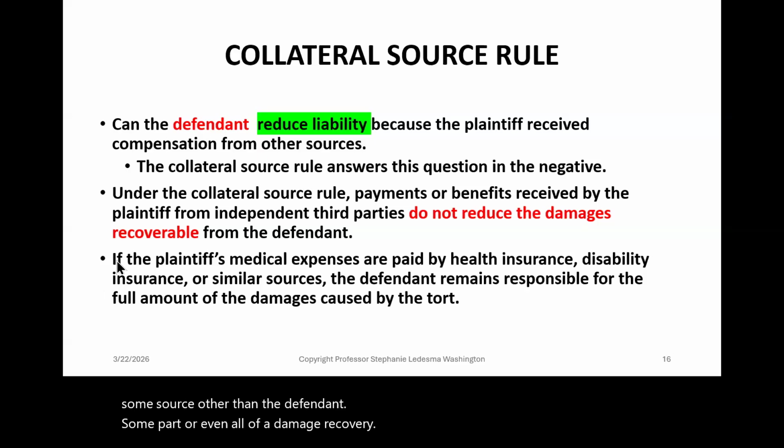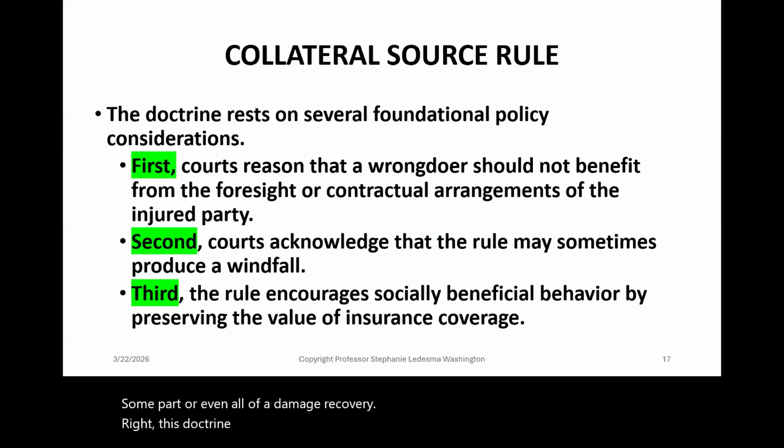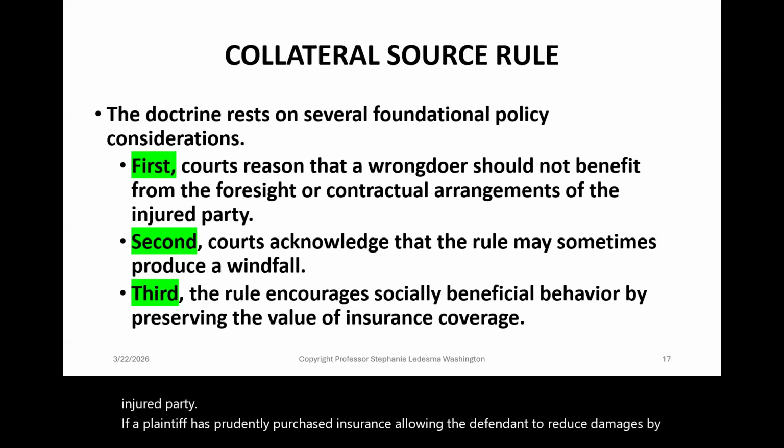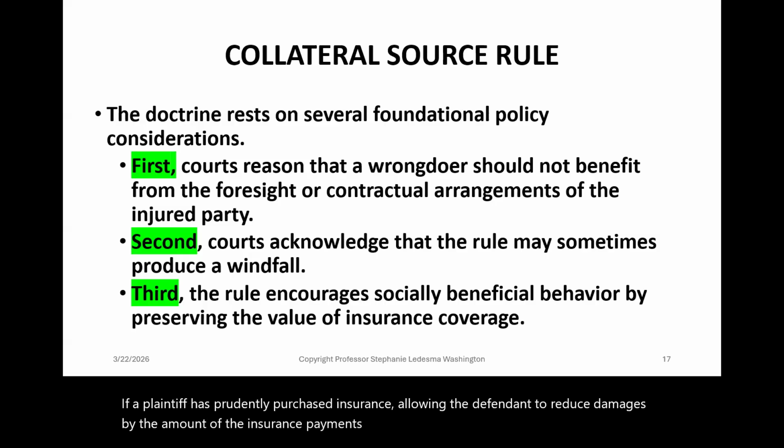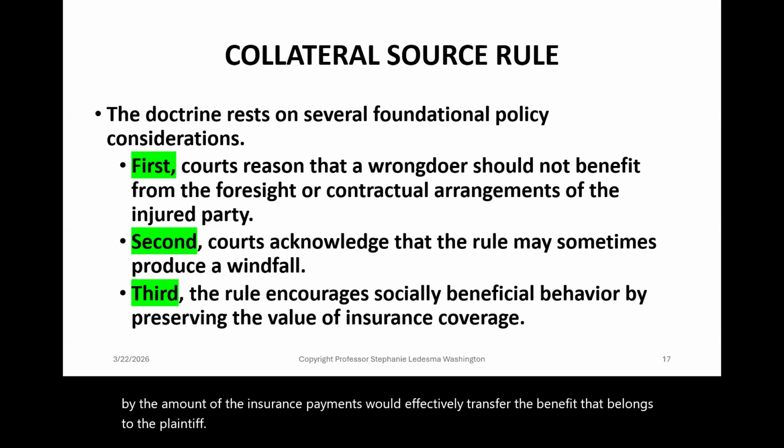This doctrine rests on several principles. Well, let's look at it. First, courts reason that a wrongdoer should not benefit from the foresight or contractual arrangements of an injured party. If a plaintiff has prudently purchased insurance, allowing the defendant to reduce damages by the amount of the insurance payments would effectively transfer the benefit that belongs to the plaintiff to the defendant, right?